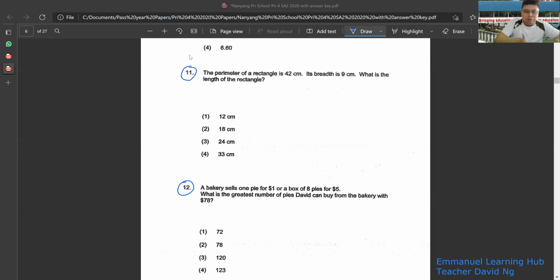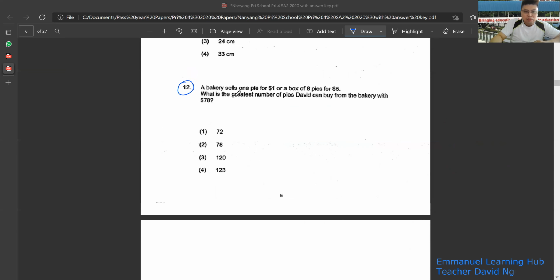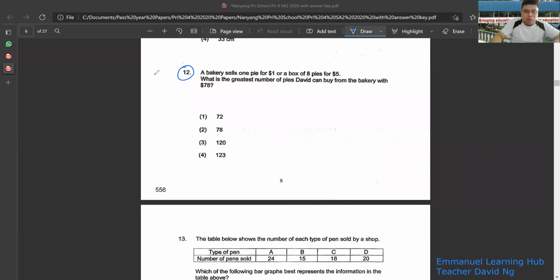Okay. Question 12. It says that a bakery sells 1 pie for $1 or a box of 8 pies for $5. What is the greatest number of pies David can buy from the bakery with $78? So what must you do? 78 minus 40.